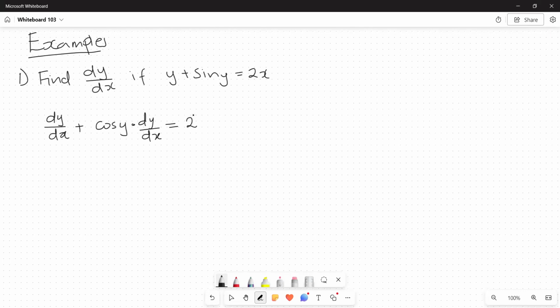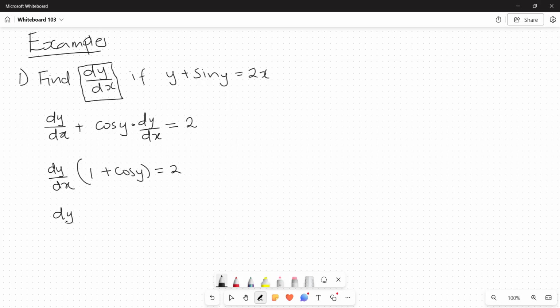Then what you do is you are going to collect dy dx. That means you factorize it. So we have dy dx, you factorize. Here it goes there once. Here we have cos y. And this is equal to 2. And then because the question said find dy dx, we have to make dy dx the subject of the formula.